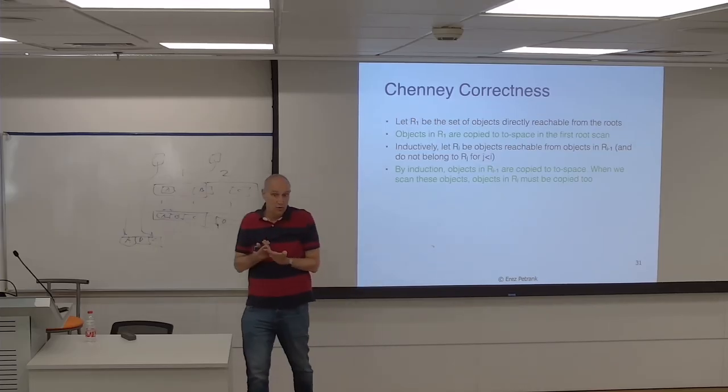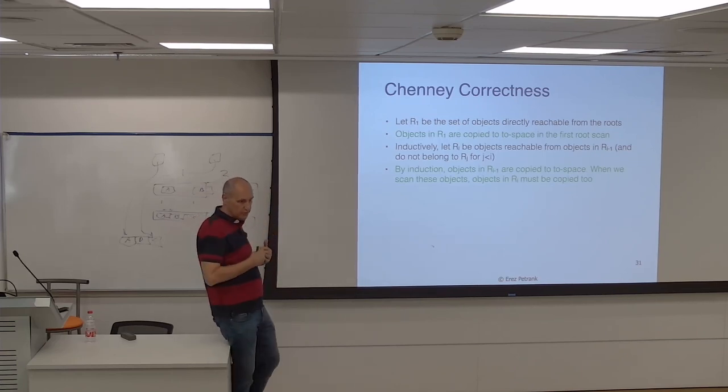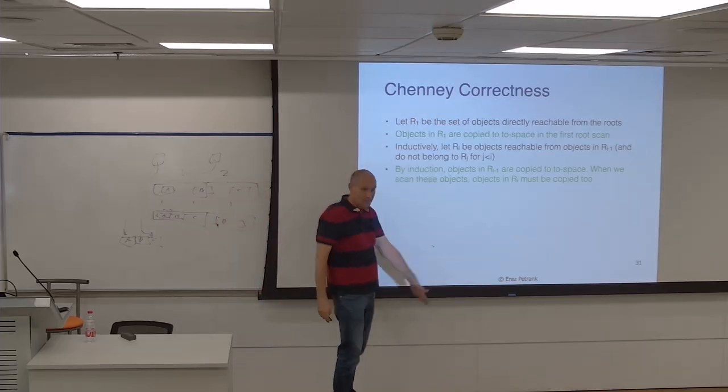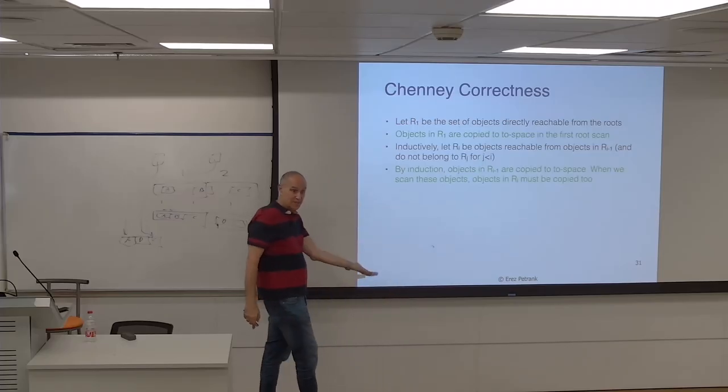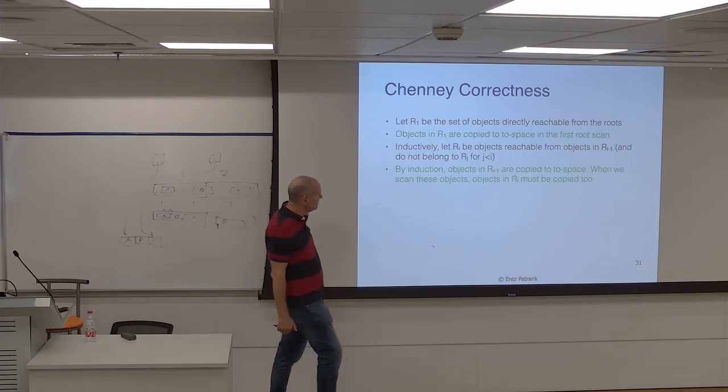And since I go over objects in Ri minus 1, I will see all the pointers to Ri and I will copy all these objects. So inductively, no matter how many pointers I need to go through in reaching an object, I will eventually see them.